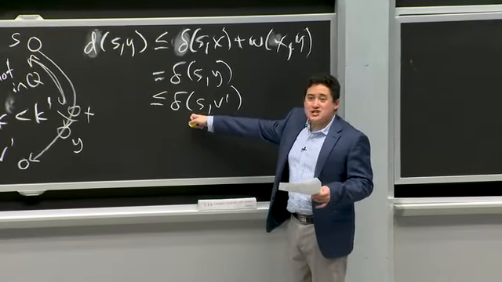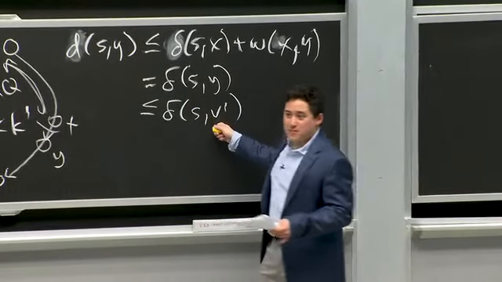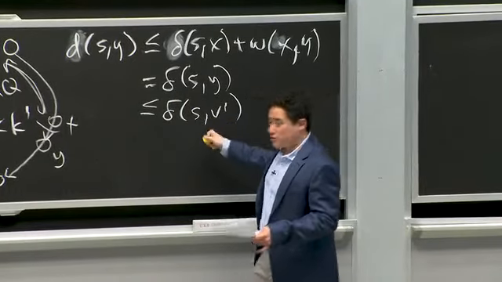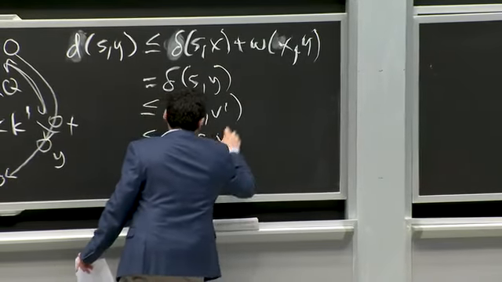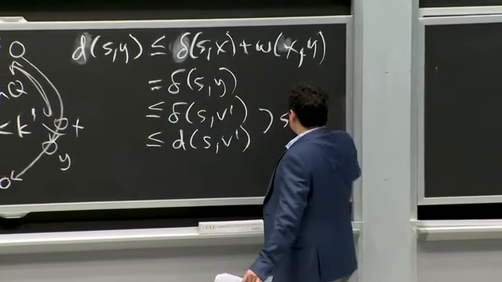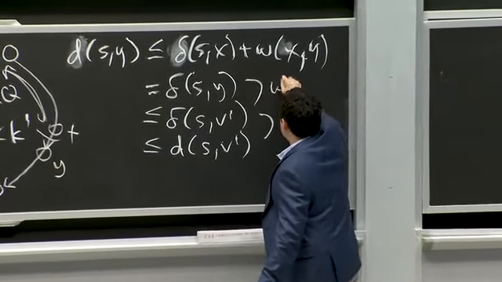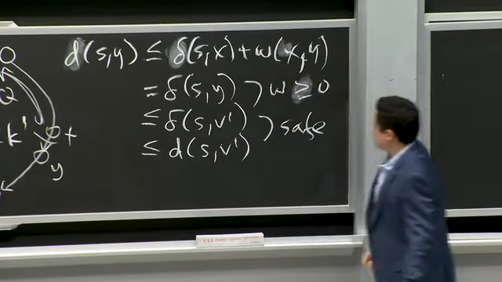But because relaxation is safe, we know that our distance estimate for V prime has to be at least the shortest path distance, right? This is because it's safe.